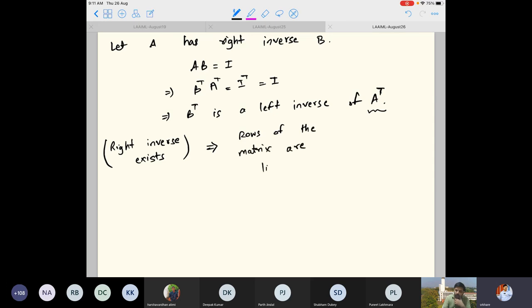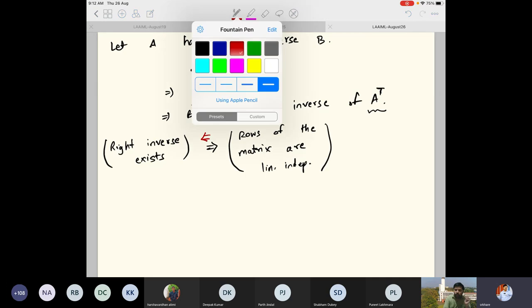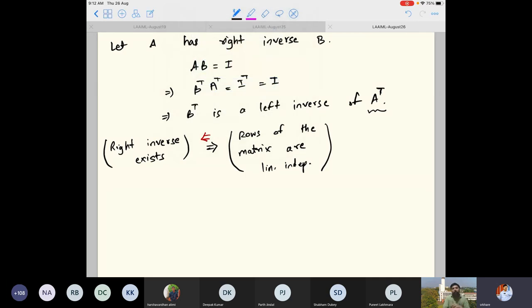So if the rows of the matrix are linearly independent, what does that mean? How should the size of the matrix be? By the basis dimension equality that you had already seen, you should have fewer rows than columns, right? That is how it should be. And there is the implication in the other direction also, which is true, but I will prove it a little later with an interesting matrix construction.